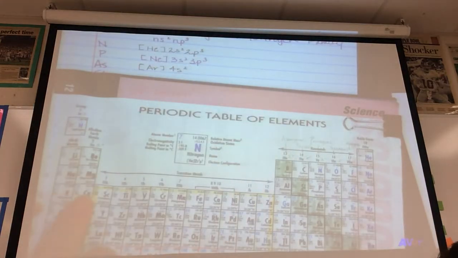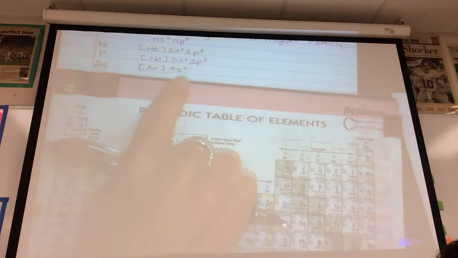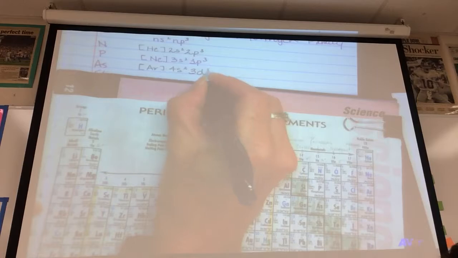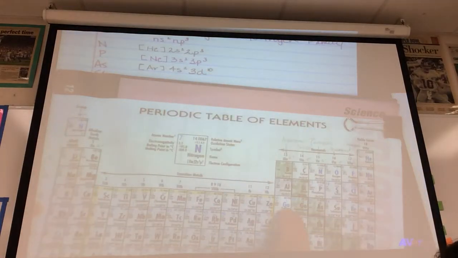What's between the S and the P? The D. And the number before D is always 1 less than the row you're in. So after 4S, we have 3, 1 less than that, D, fill her up, and then we're going to go back to 4P, 1, 2, 3.